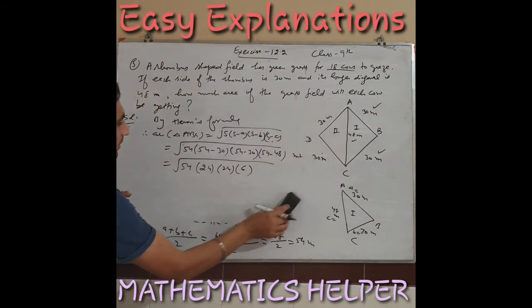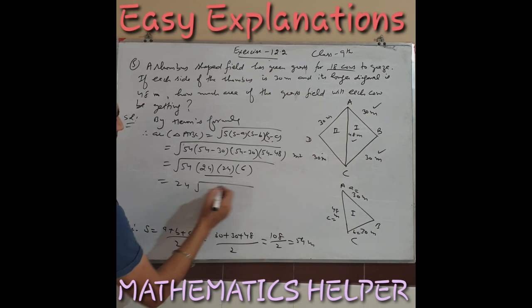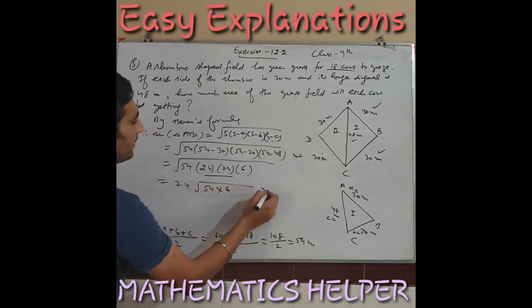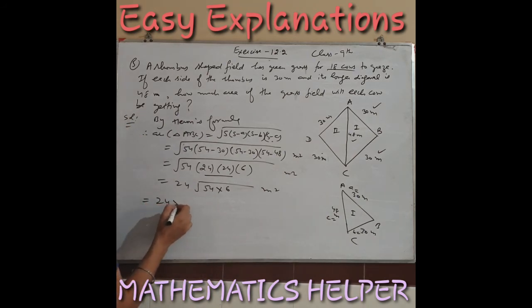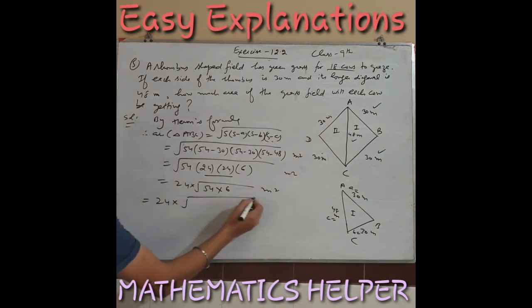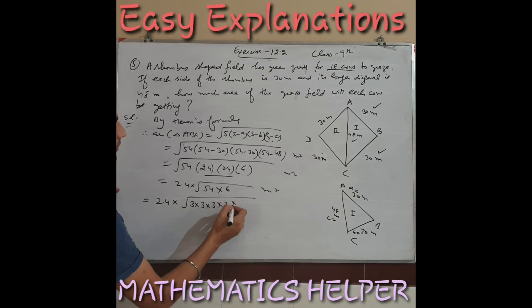Now this 24 is forming a pair, so one 24 comes out. Inside you have 54 into 6 in meter square outside. Now the factors of 54 are 3 into 3 is 9, 9 into 3 is 27, into 2 is 54, and 6 has 2 into 3 as factors.